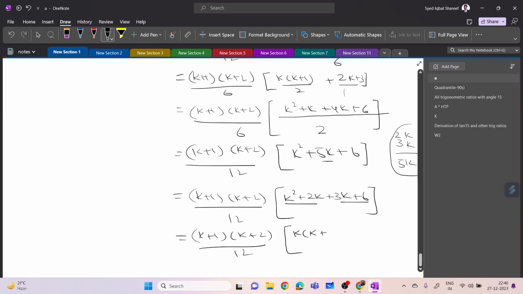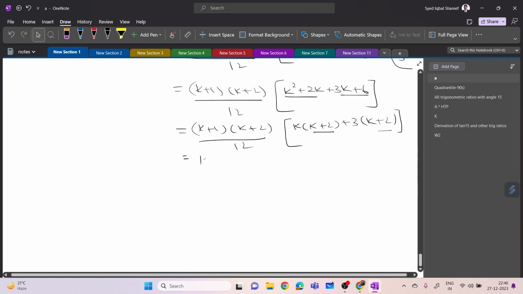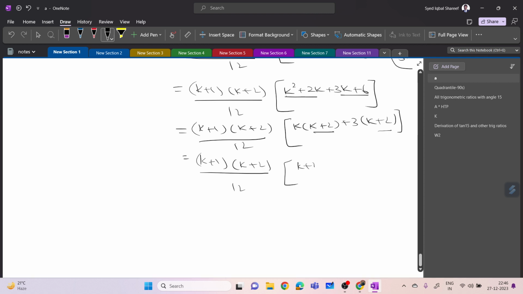If you take k common, k plus 2. If you take 3 common, k plus 2. Again k plus 2 common, k plus 3. So this will be k plus 1, k plus 2 whole square, k plus 3 by 12.